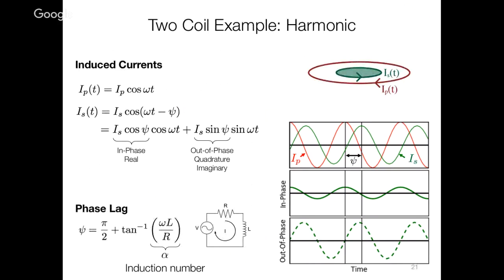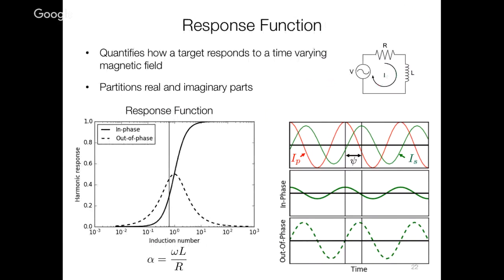We could look to see, for various induction numbers, how this quantity and this quantity changes. So I can change the induction number by a whole bunch of ways, but I can think about it particularly by increasing frequency.